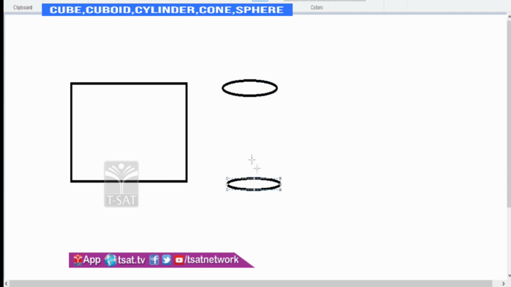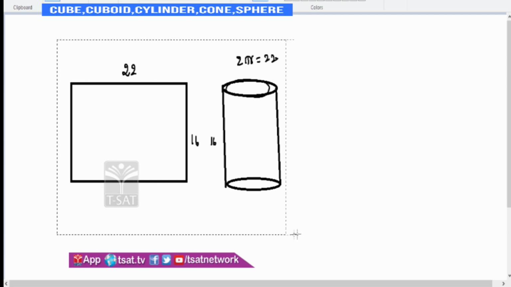Cylinder height is the same as the height of this sheet, but the length is 22, this is 16, so this remains 16. So you can say 2 pi r becomes 22. So he is indirectly telling you that the perimeter of the base is 22.